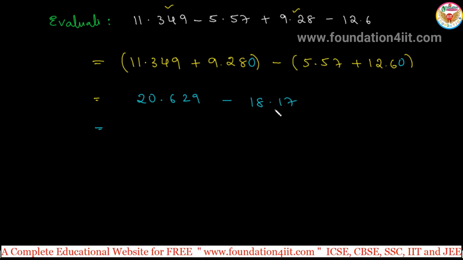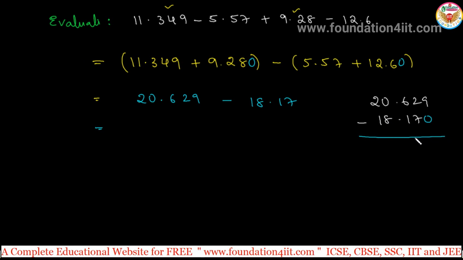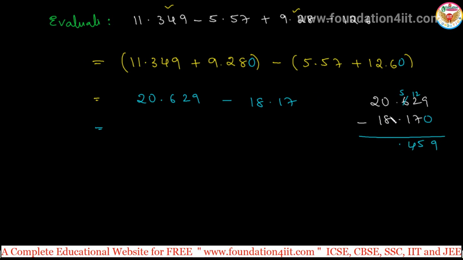20.629 minus 18.17. Just take this 20.629 minus 18.17. Here the place is empty, keep 0 and do subtraction. 9. 2 minus 7, take carry. This 5 becomes 12. 12 minus 7 is 5. 4, same point. 20 minus 18, so 2 it is.